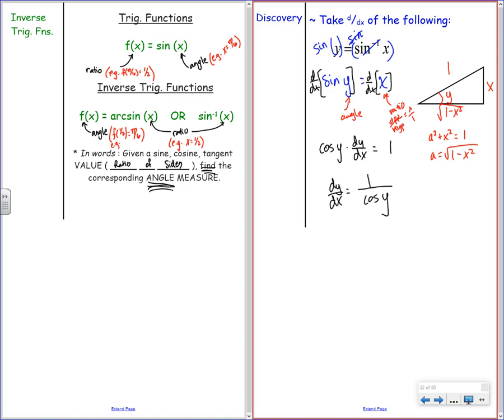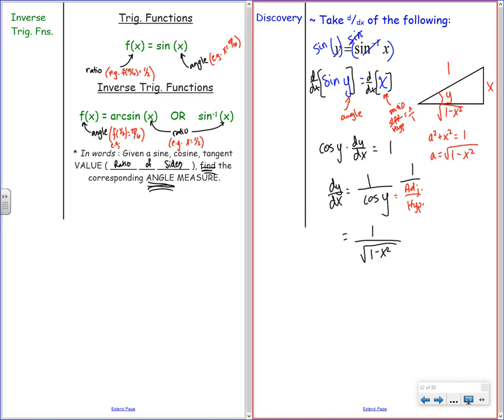But who is cosine of y, looking at my triangle? It's adjacent over hypotenuse. The angle is y, the ratio is what I'm looking for. That's going to be 1 over adjacent, and the hypotenuse is just 1.